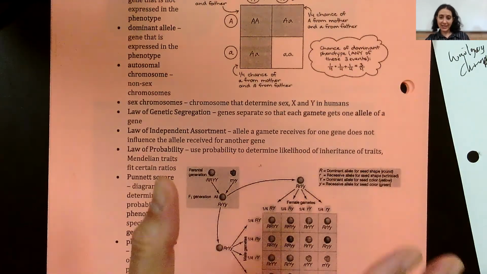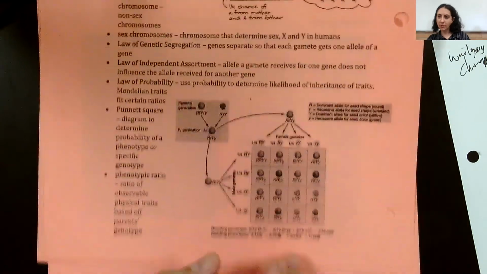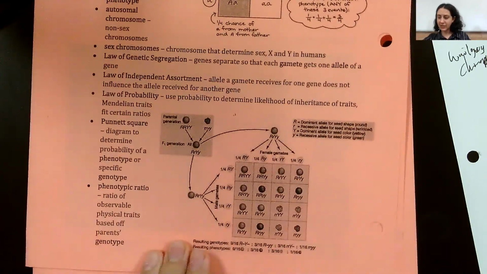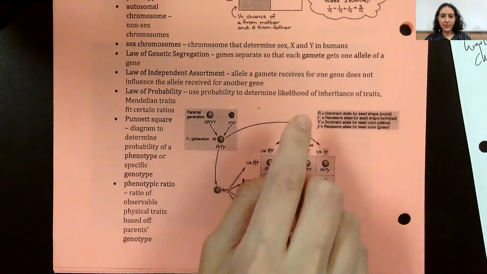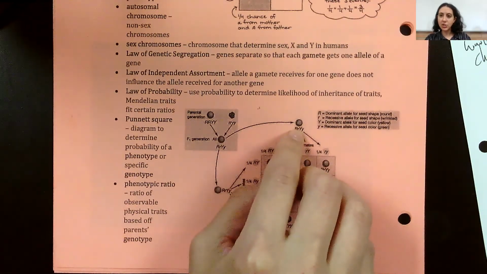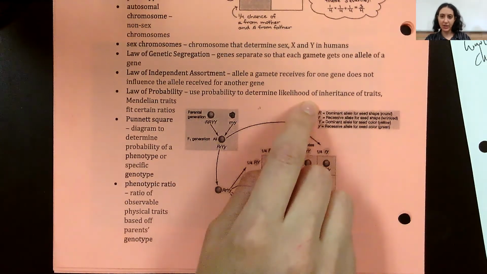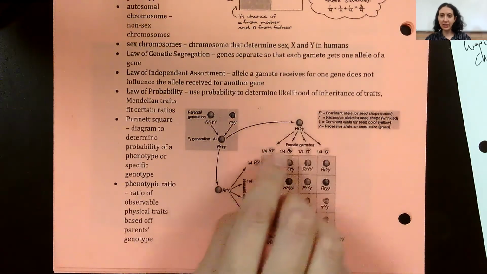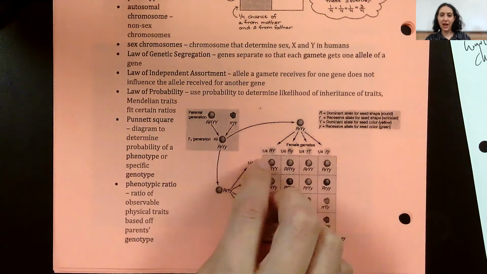It's just a way of organizing data and all these different traits. For example, this is a more complicated Punnett square because it's dealing with two different traits that are independently assorting. So we've got the dominant and recessive version of the shape and the seed color, and there are four possible combinations.